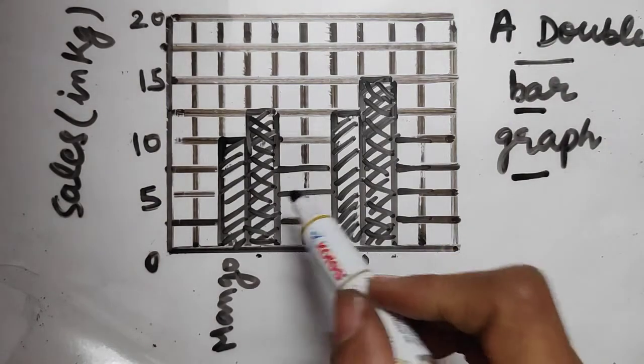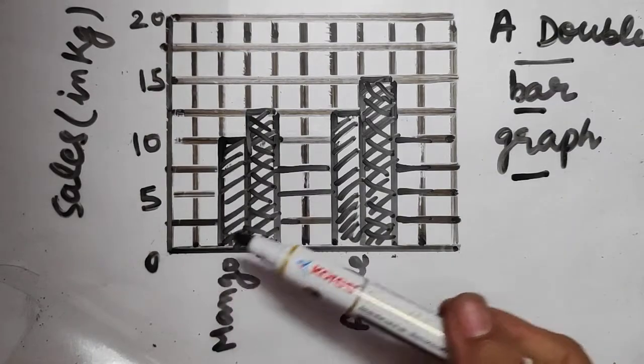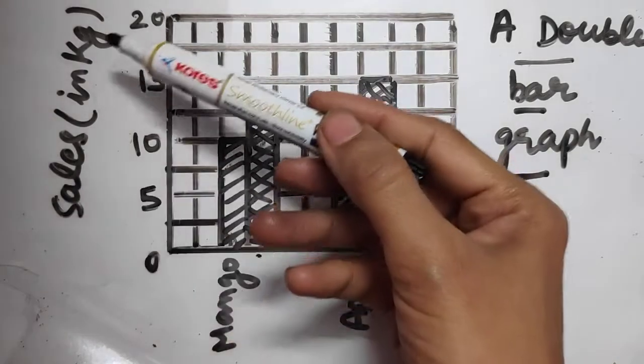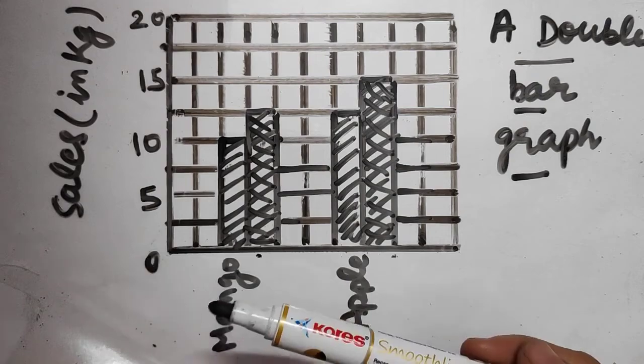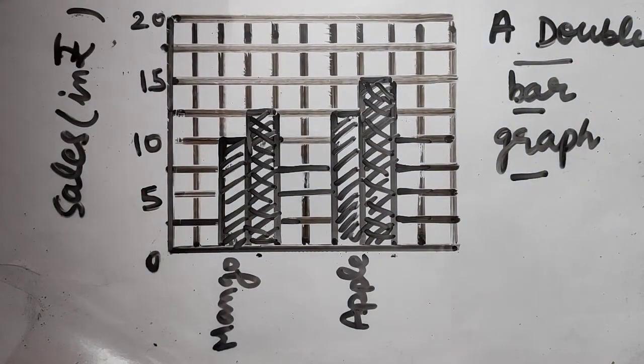In this particular example, we have been given a comparative account of sales, as it is given on this side, sales in kg, comparative account of sales in rupees. It should be in rupees, of various fruits.